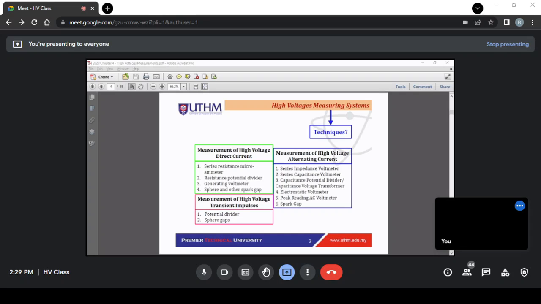But apparently we still need to measure the DC current and DC voltage, because we generate the DC. Once we generate, we need to measure the DC. Otherwise, you don't know the magnitude that you have generated. We have several techniques here, and one of them is spark gaps, which can be used for AC, DC, and impulse. I'll reserve it for later.